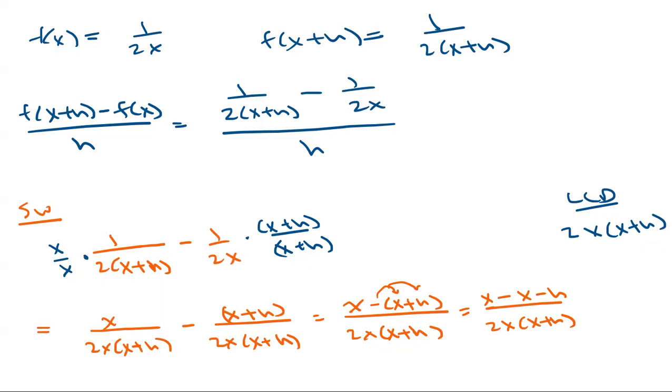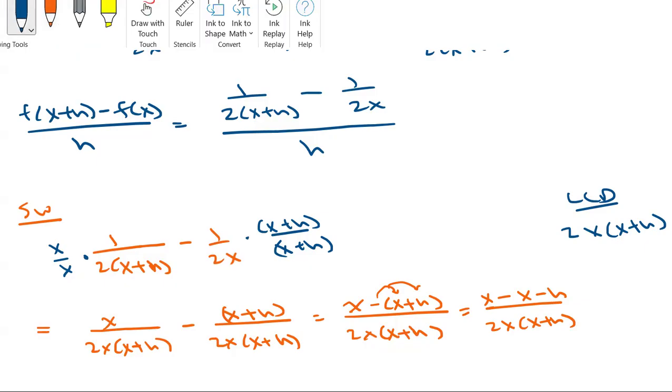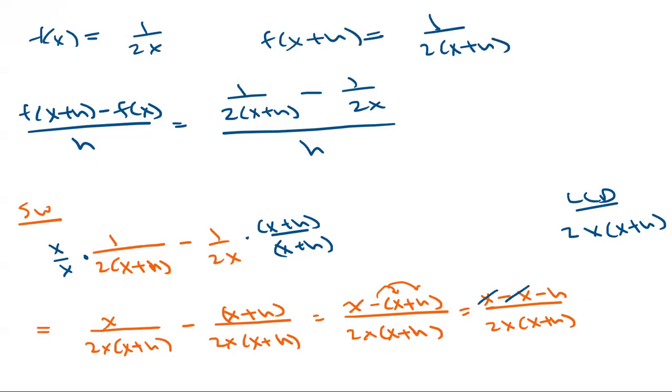Okay. So then in this case, my x's go away and then I'm left with -h over 2x times x plus h. Okay. All right, but I'm not done because again, this is just the numerator.